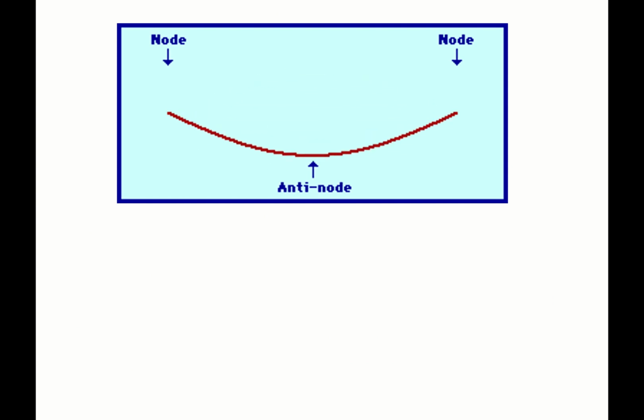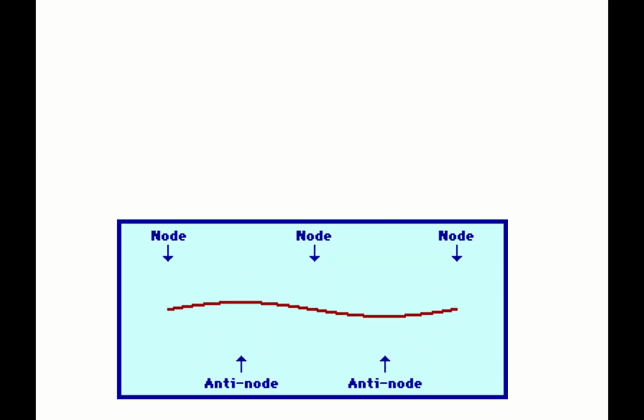So here's an example of the lowest frequency standing wave, and you can see that it's got one antinode in the middle where it moves up and down, and 2 nodes where the string stays in the same position at the same time. The next allowed frequency, you have 3 nodes.